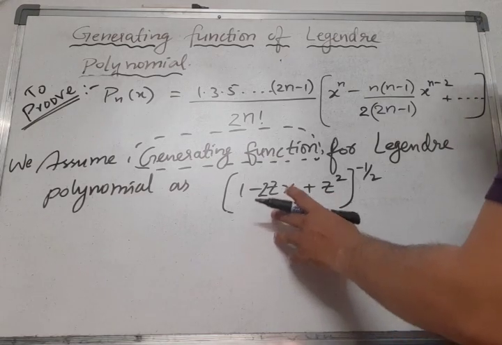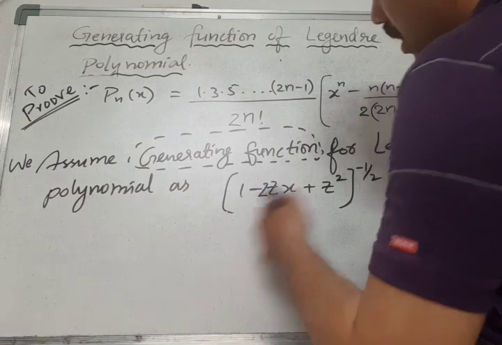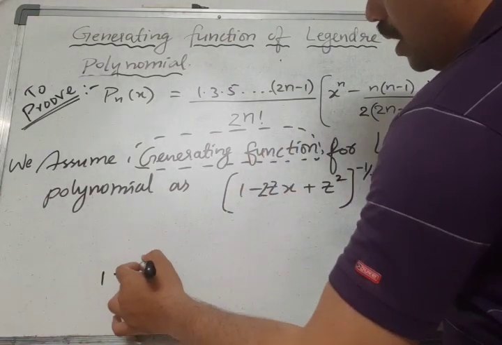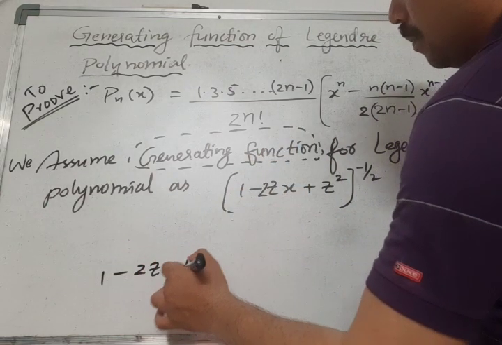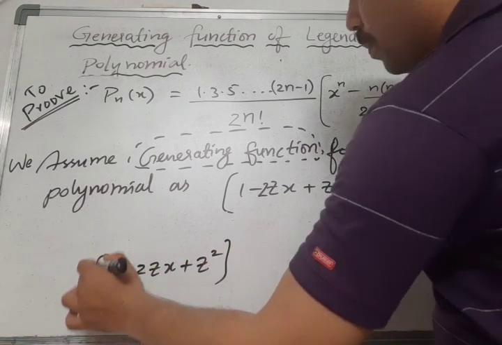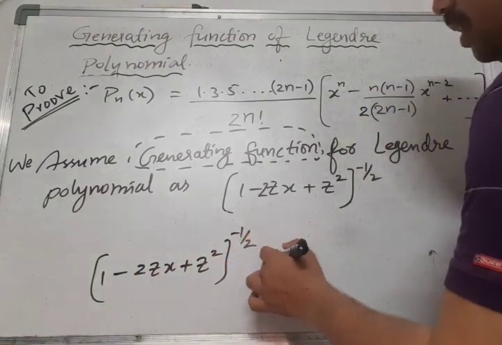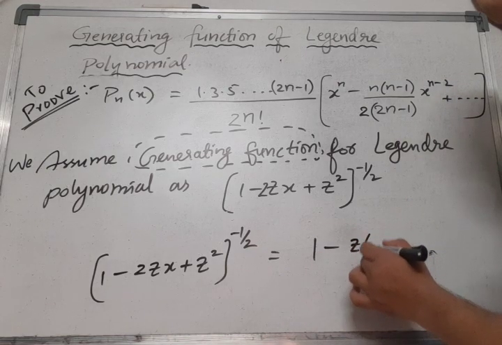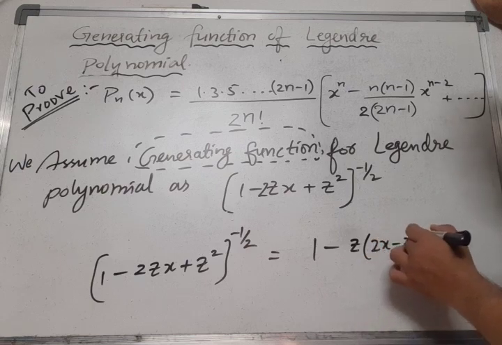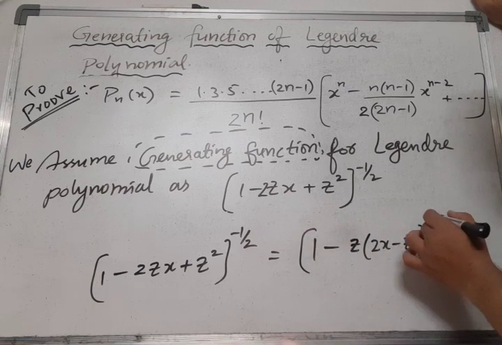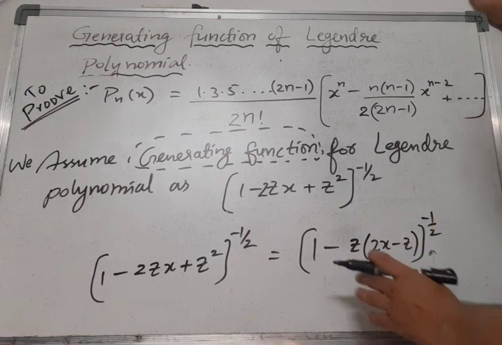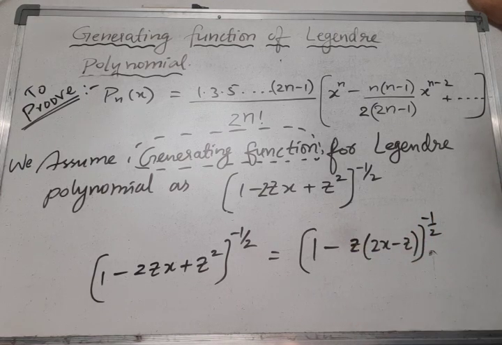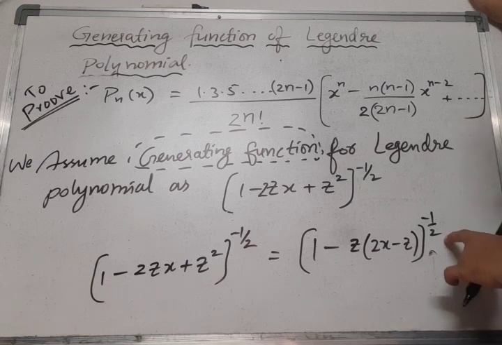Now we have to expand this function. First of all, we rewrite this function. 1 minus 2zx plus z square whole to the power of minus 1 by 2 can be written as 1 minus of, you take z common, z of 2x minus z whole to the power of minus 1 by 2. So now this is in the form of a binomial expansion, and the power is minus 1 by 2.